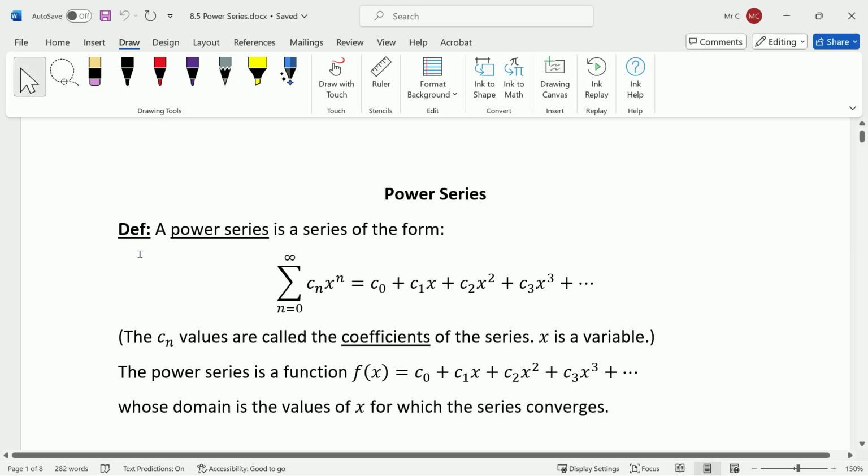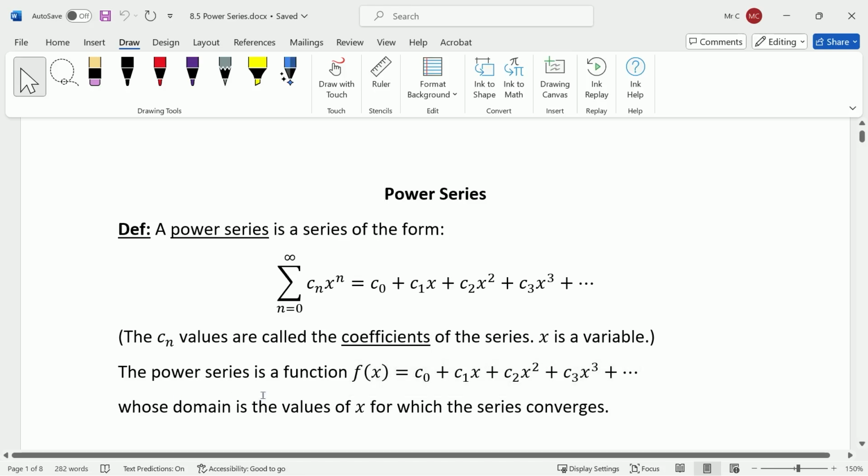So the definition is a power series is a series of the form the sum from n equals 0 to infinity of c sub n times x to the n, which written out in long form is c naught plus c1x plus c2x squared plus c3x cubed plus ... The c sub n values are called the coefficients of the series, and x is a variable.